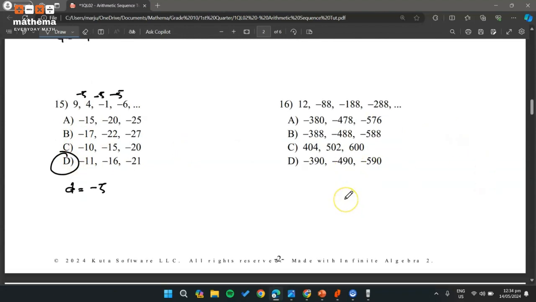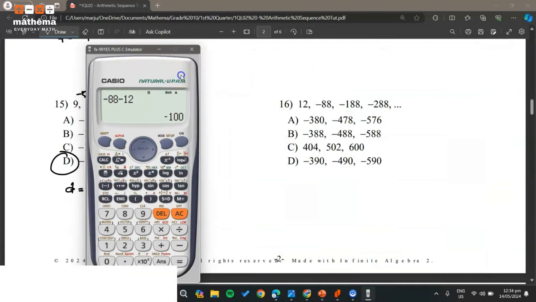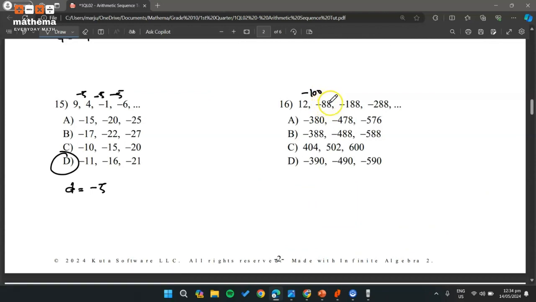What about number 16? Let me just grab the calculator. Negative 88 minus 12 gives us negative 100. So this is negative 100, and as you can see, this is negative 88 plus negative 100, and then plus negative 100 again.